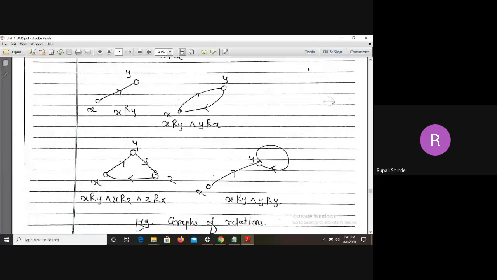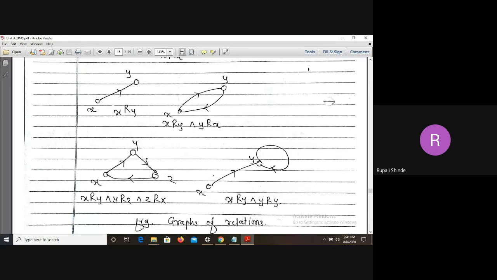And the last one is given as x is in relation R with y and y is in relation R with y. So again we can identify two elements, x and y. We must represent these two elements by circles, one circle for x and another for y.